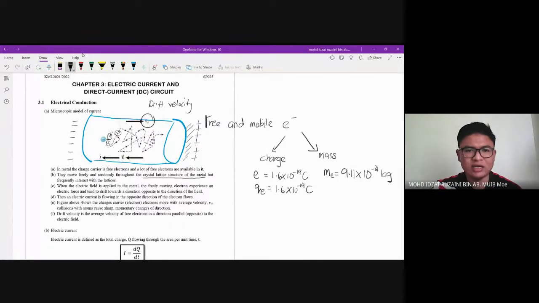Boleh faham. So elektron tu bergerak ke kanan menyebabkan current terhasil pada arah yang berlawanan. So here current is flowing to the left. Okay, in opposite of the electron lah. So begitu. Boleh faham. Okay, so that one ialah microscopic model of current.